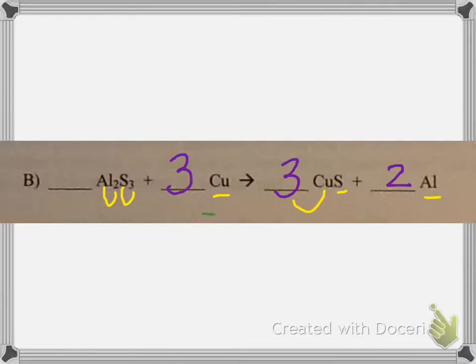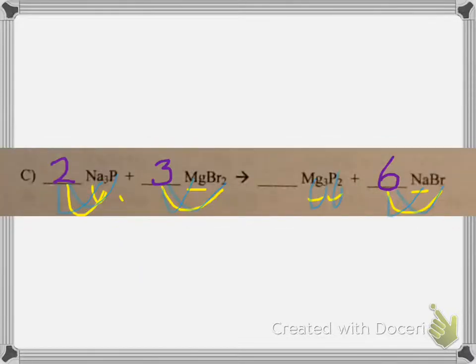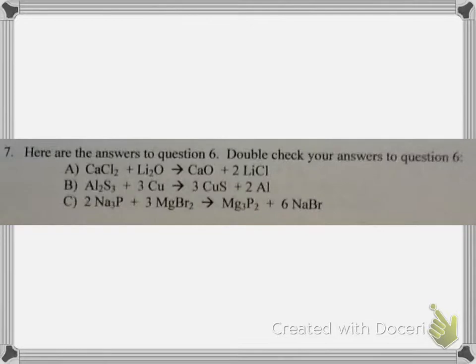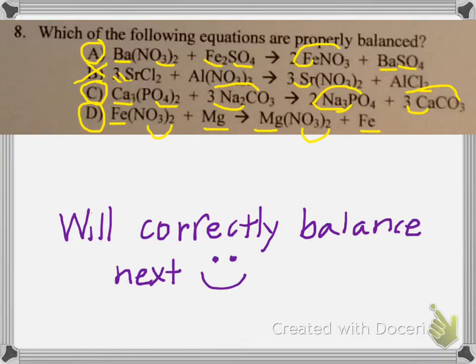Letter B, we have an element reacting with a compound, so this is a single replacement reaction. In letter C, we have 2 compounds reacting, so this is a double replacement reaction. And that was the answers. In number 8 here, we have in this top one a compound and a compound reacting, so that's double replacement.